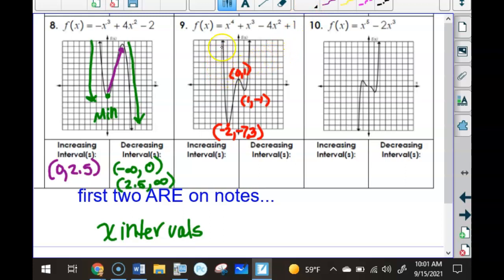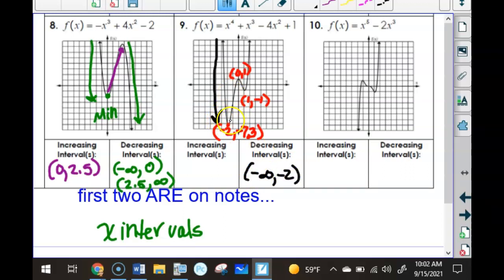All right, so what is it doing first? This is where students get confused, because that arrow is pointing up, right? But you read this left to right, because what you're saying is, as my x values come from the left, the y values are getting smaller and smaller. So you read it left to right. It is going down. So from the left end until -2, it's going down if we go left to right.